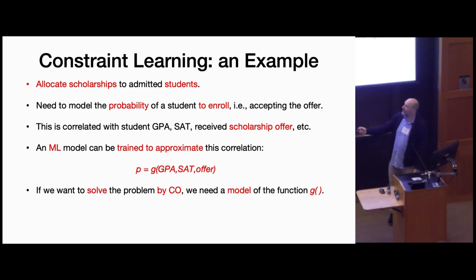And in particular here, I'm claiming that in this toy example, writing down the correlation between this data, GPA, SAT, and offer, in order to produce this probability, is not going to be easy if you want to do it by linear programming. At the same time, this is going to be very useful inside your optimization framework in order to decide the offers themselves.